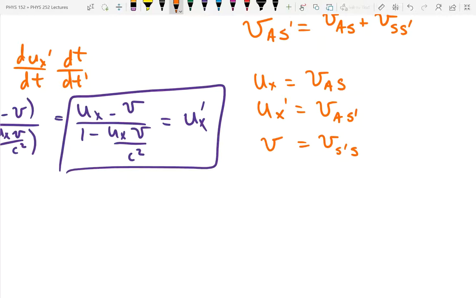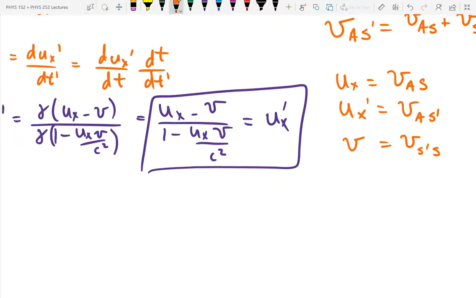So using those, I can plug them into this equation, and I have ux prime, which is V A S prime, is equal to ux, which is V A S, minus V S prime S. I put them in opposite order, it's correct, but I'm going to change it just because they're opposite order.